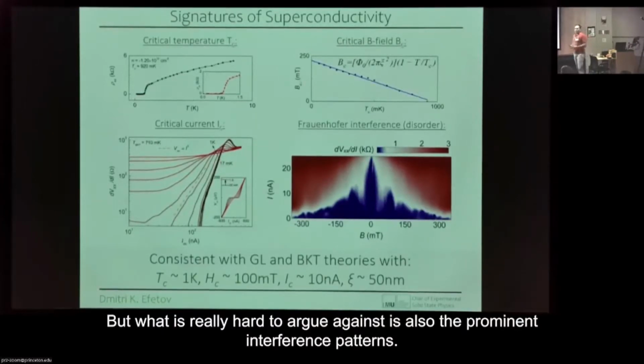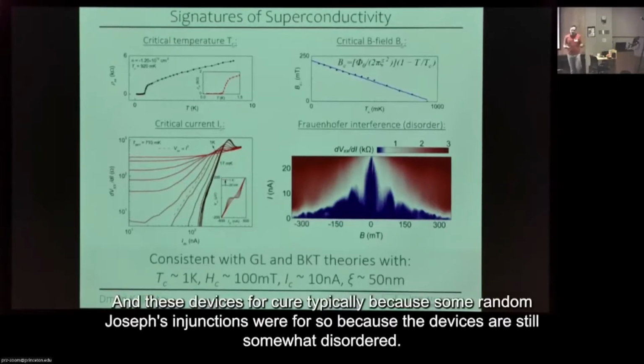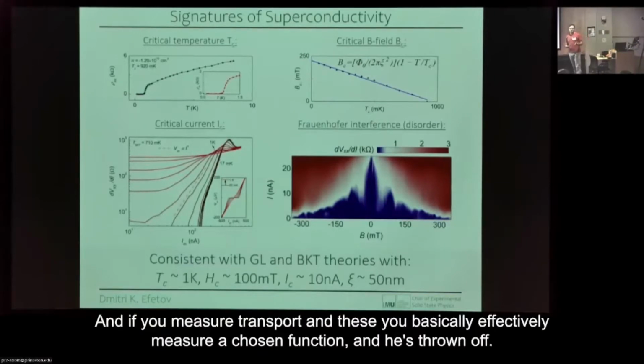But what is really hard to argue against is the Fraunhofer interference patterns that people observe. Fraunhofer interference patterns in these devices occur typically because some random Josephson junctions were formed. Because the devices are still somewhat disordered, very often you find superconducting regions which are interrupted by a weak link between one another, and if you measure transport in these, you effectively measure a Josephson junction.